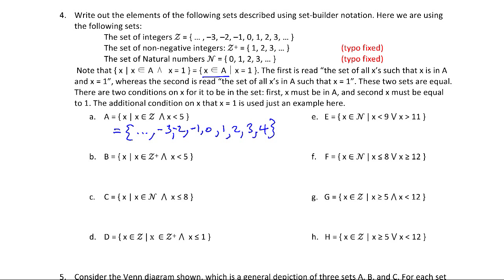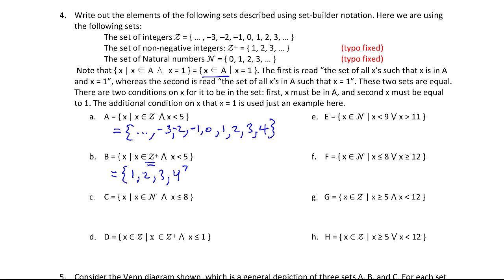For part B, it has to be in the set of Z plus, so it has to be in 1, 2, 3, and it has to be strictly less than 5. And so I'll go ahead and write that out. This is the set. The Z plus starts at 1. So 1, 2, 3, and 4 are all strictly less than 5. 5 isn't strictly less than 5.